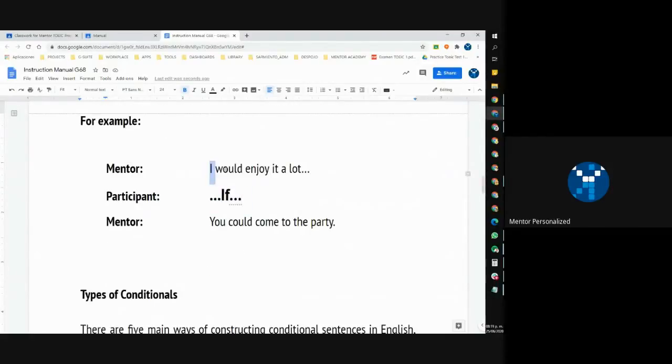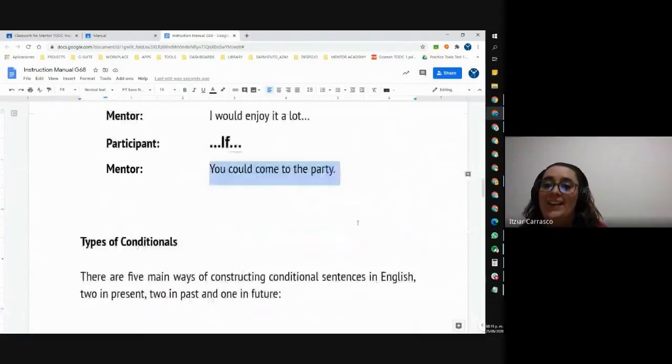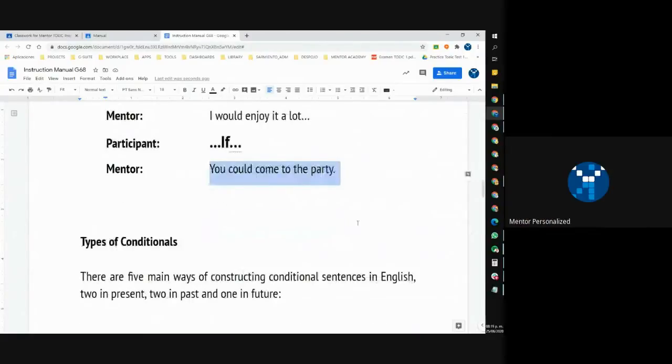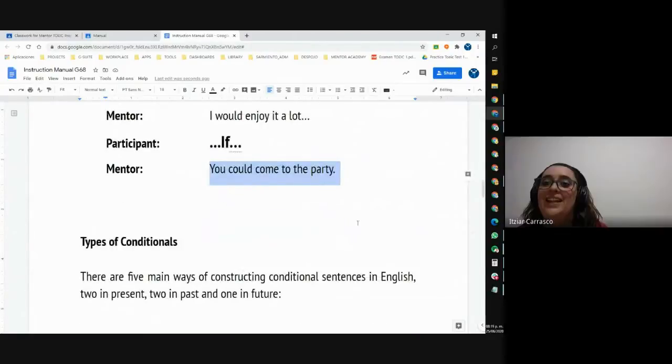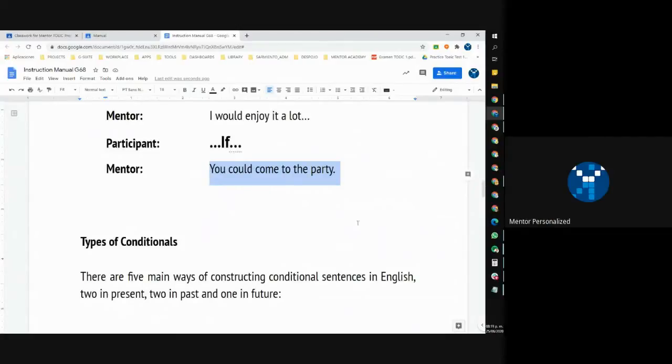For example, I will say, "I would enjoy a lot," and you say, "if you could come to the party." Okay? I would buy a Lamborghini if I had $1 million.